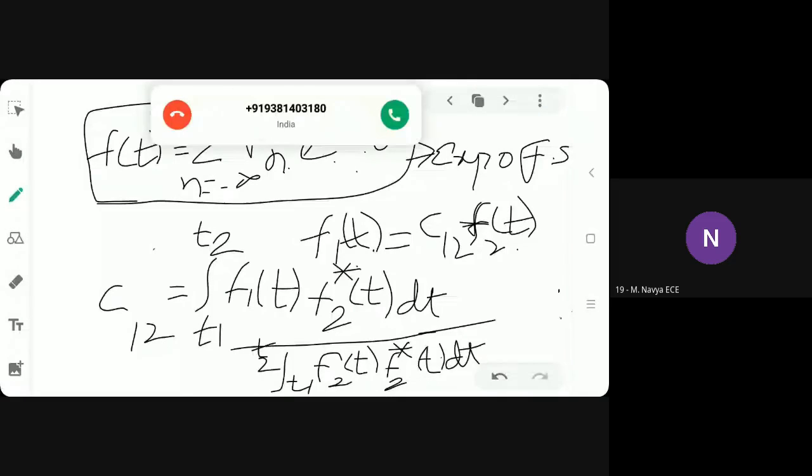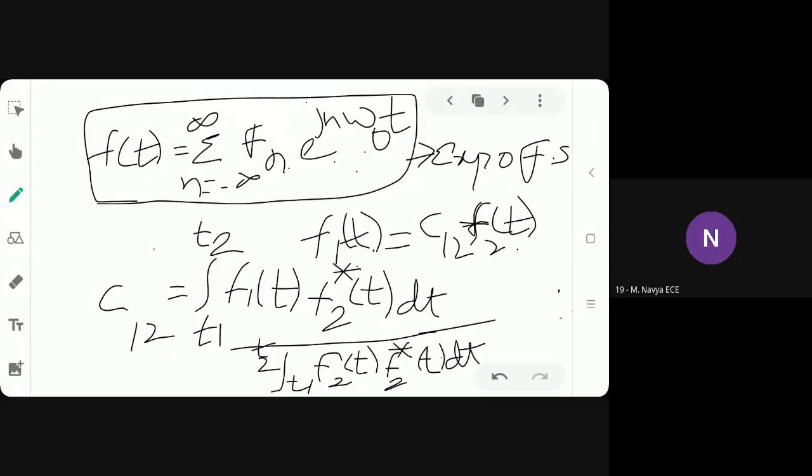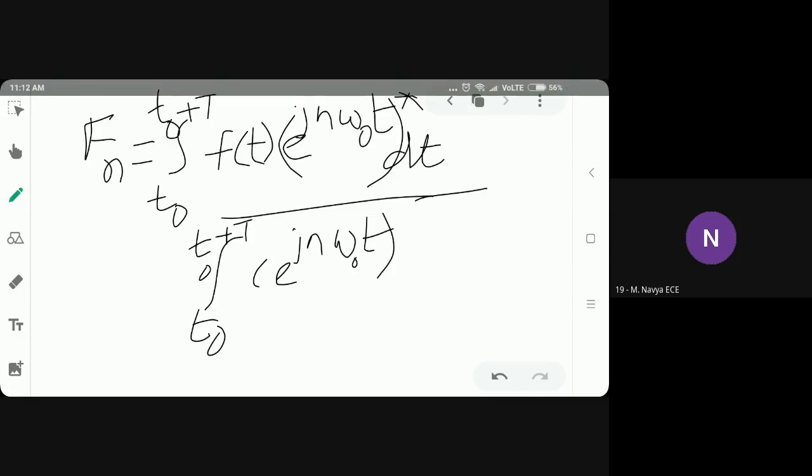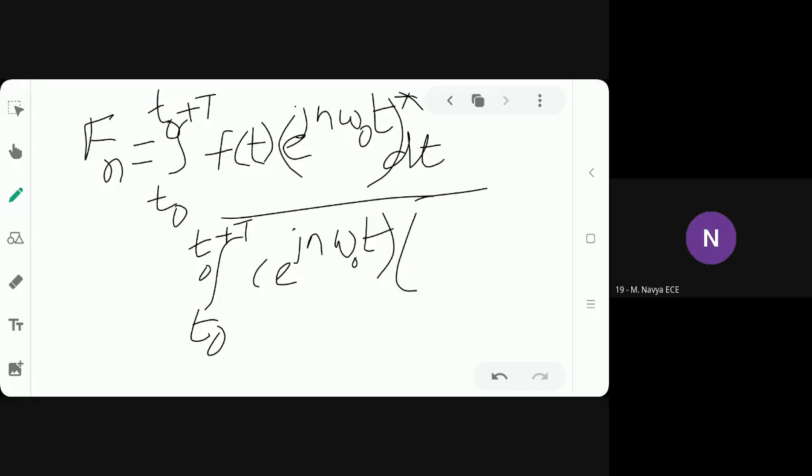So based on this, what is Fn equal to? Fn equal to integral t0 to t0 plus capital T f of t into e power jn omega naught t conjugate, by e power jn omega naught t into e power jn omega naught t conjugate dt.